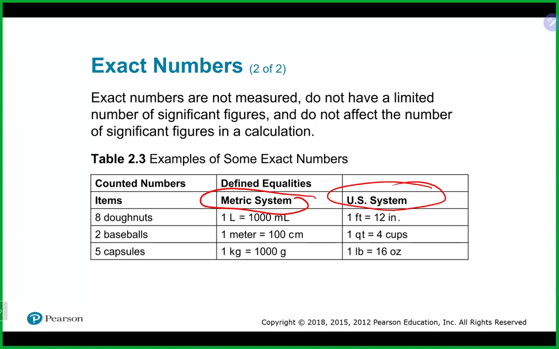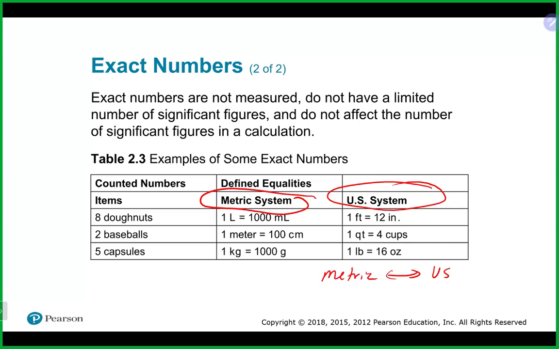The only time that you have to worry about significant figures is when you have a conversion that goes between the two. So if you have a metric to US or English, or an English to metric conversion, you do have to actually look at the significant figures when you're doing a calculation.